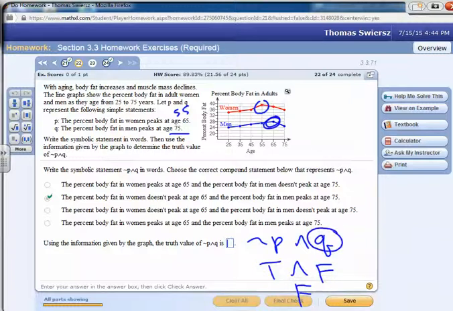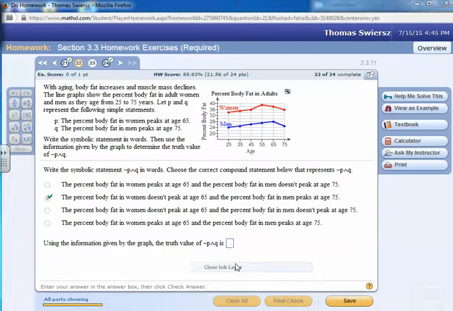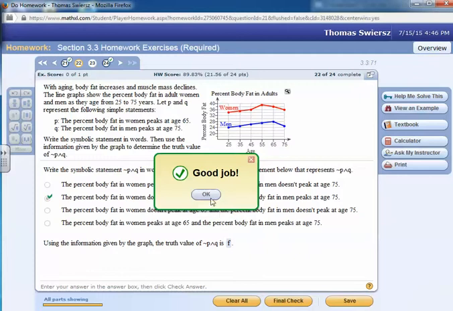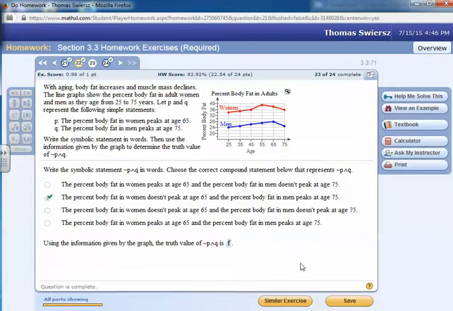So that statement is false, making the conjunction false. All right? It's false. Good job. Just put an F for false, and you'll get it marked correct.